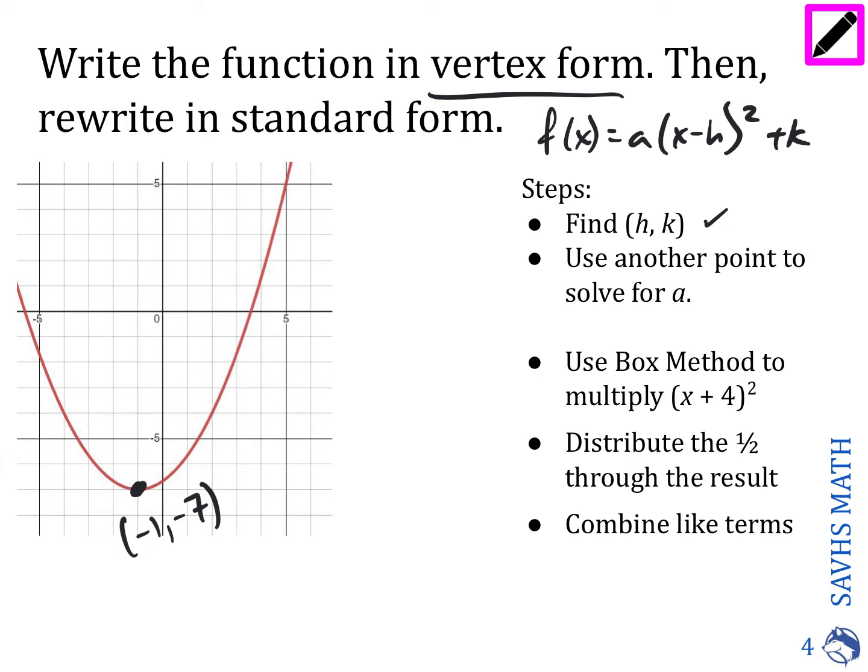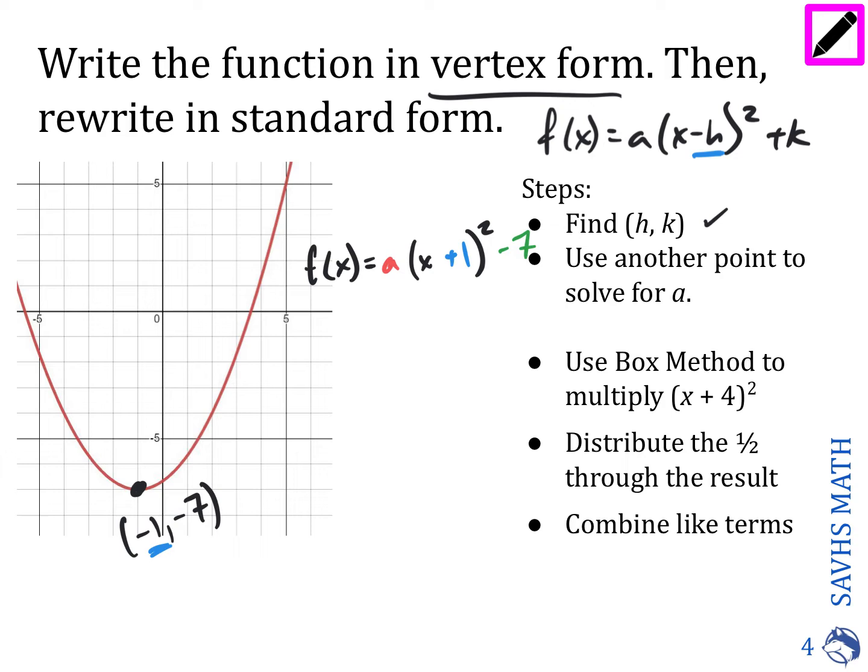So first I'm going to write out what I know so far. So I know f of x equals, I don't know a yet. That's going to be what I'm going to have to solve for. (x plus 1). I'm writing plus 1 because h is negative, and I have a minus right here. Squared plus, and then -7. So I'm just going to write -7.